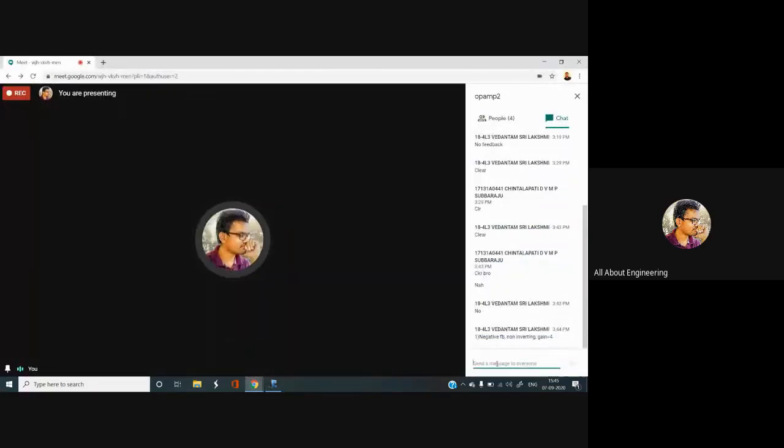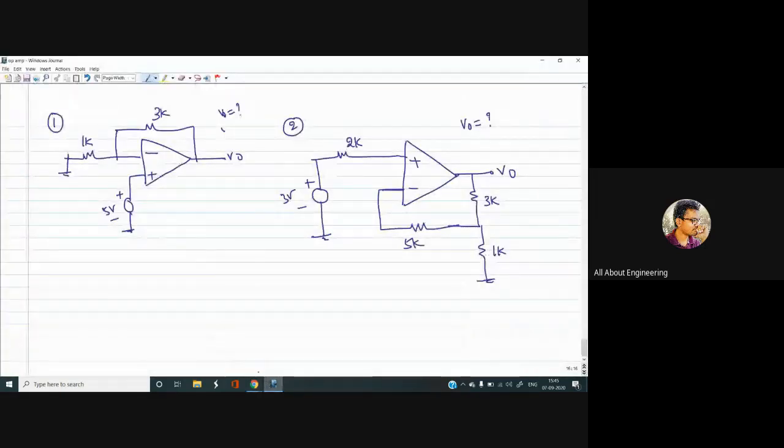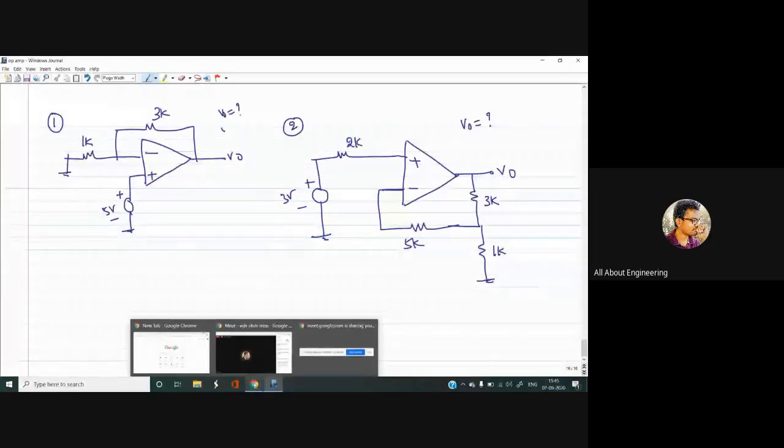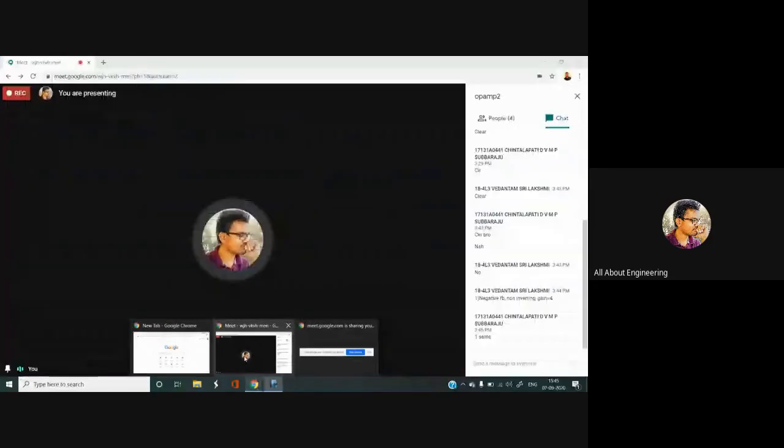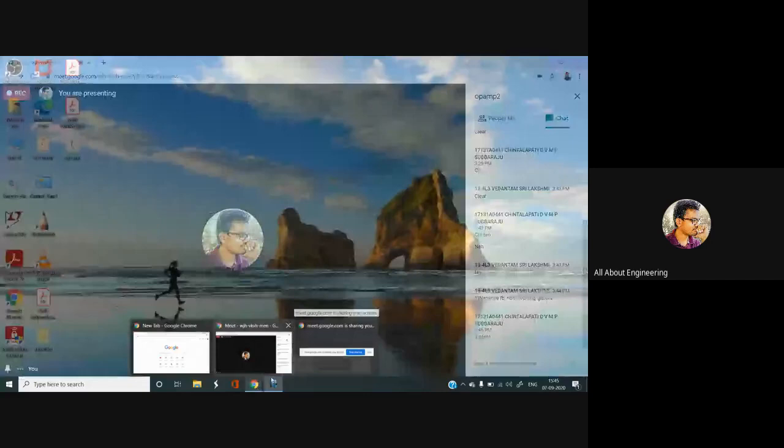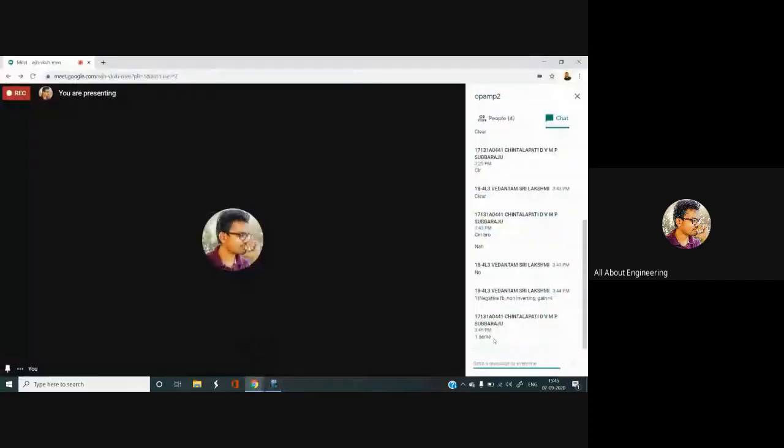Negative feedback, non-inverting, gain equal to 4. First question. Type of feedback is not required because I already told you that it's negative feedback. Okay, first thing, what was your answer? Your answer was 4 volts, right? Gain is 4.